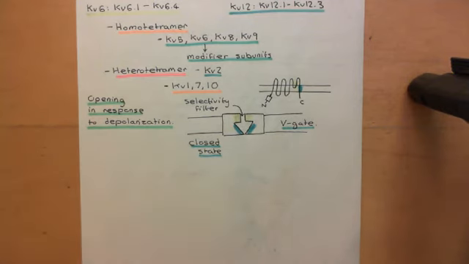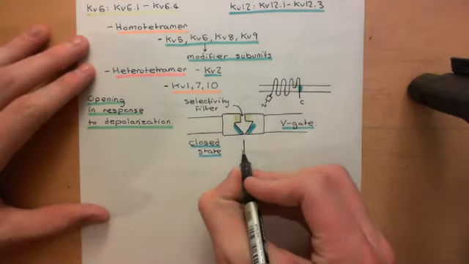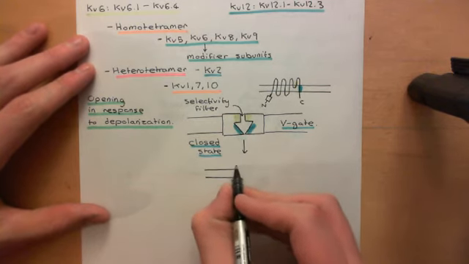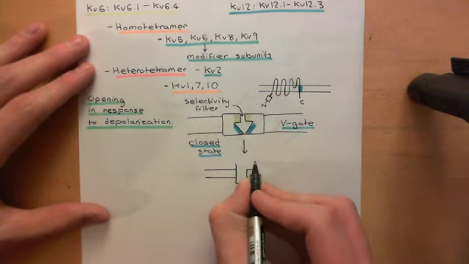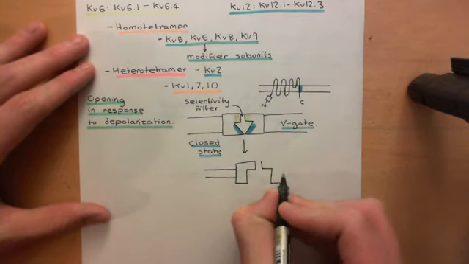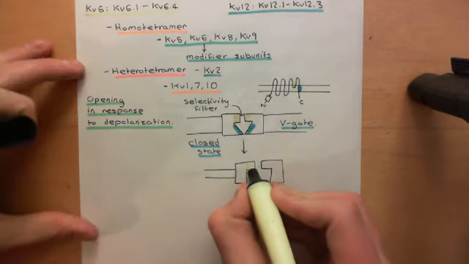Right. So now what I want to show you is the open state of the channel, and then we'll discuss how you actually get to the open state of the channel. In the open state, this will have changed. You will have moved the S6 helices outwards, and what the channel will actually look like from the side is something like this, or rather in this cross section.